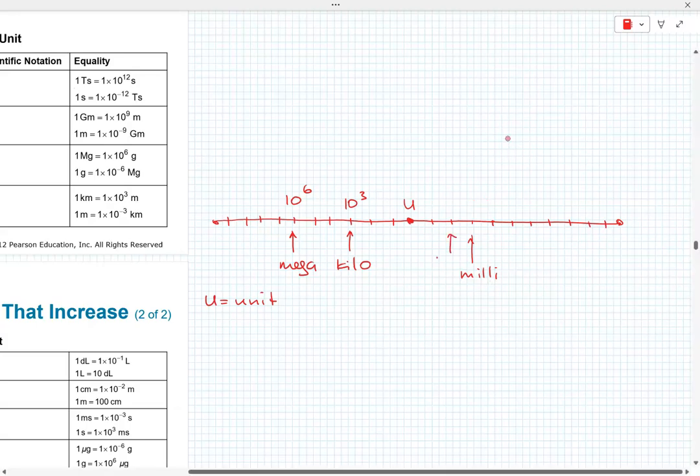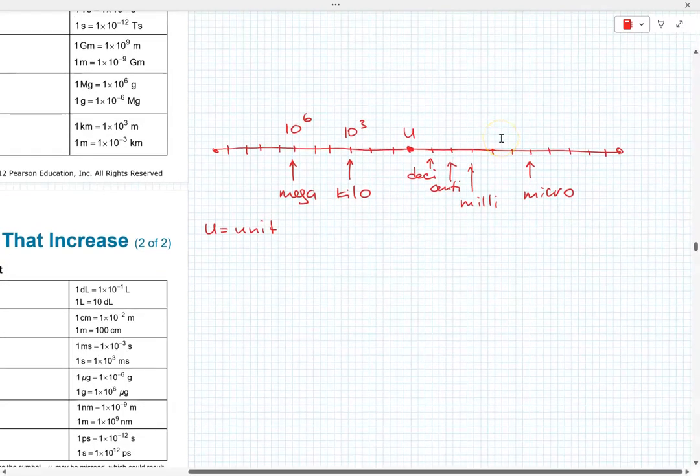So milli, centi, deci, micro. Okay, sounds good? Some of you may be familiar with how you operate this, some of you may not.